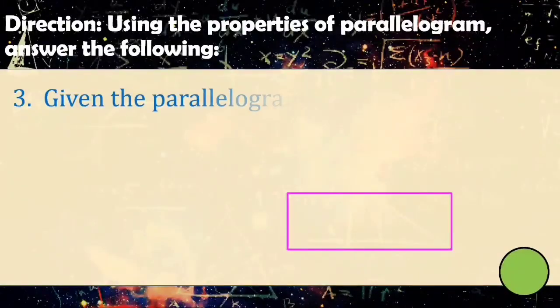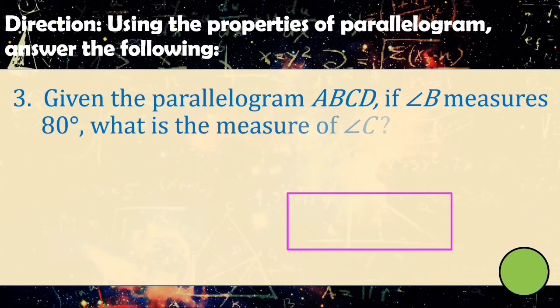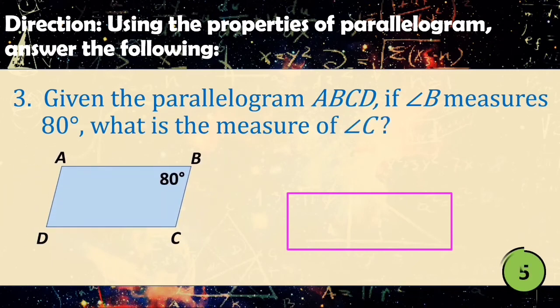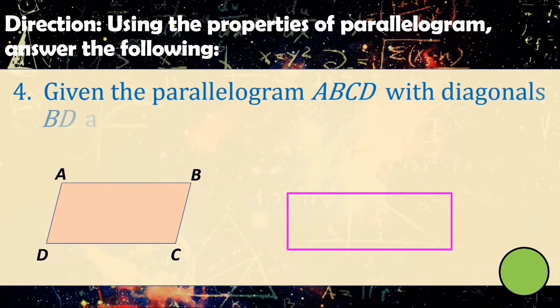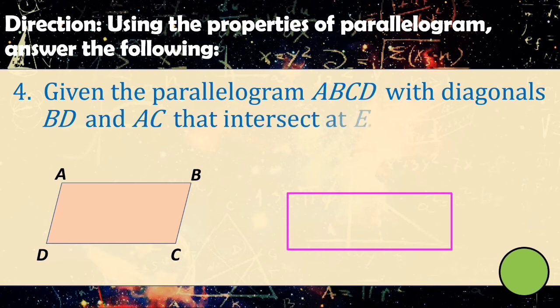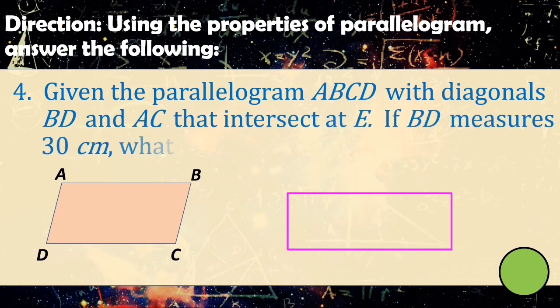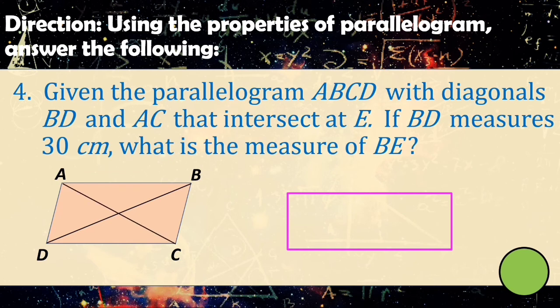Next, number 3. Given the parallelogram ABCD, if angle B measures 80 degrees, what is the measure of angle C? That is correct, 100 degrees because they are supplementary. Next, number 4. Given the parallelogram ABCD with diagonals BD and AC that intersect at point E, if BD measures 30 centimeters, what is the measure of BE?